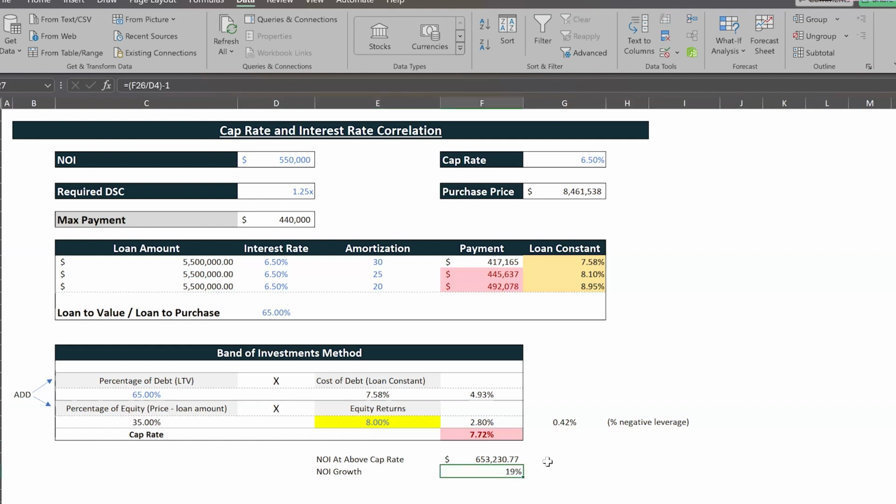To achieve that 8% ongoing pref, not even what you've negatively accrued in that value add period, you actually have to get NOI growth of 19%, which is pretty significant. So you have to have true NOI growth of 19%.